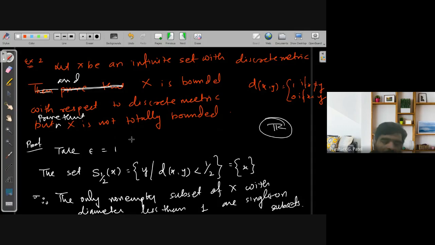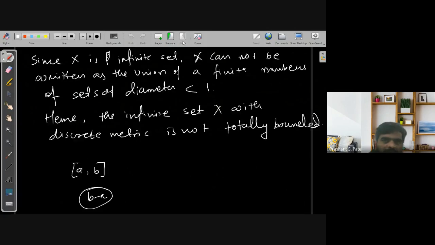Now there are certain results on totally bounded sets. The result says that if A is totally bounded, can we say its closure is also totally bounded?